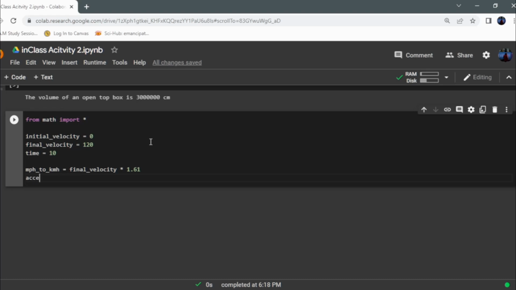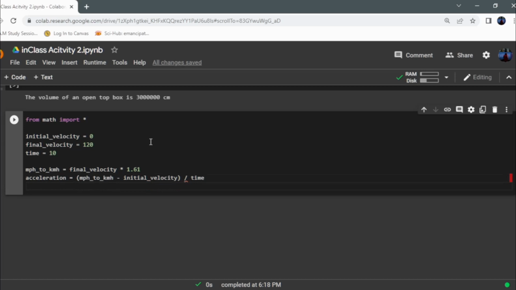Then our acceleration solution, we get that converted velocity, minus the initial velocity divided by time.